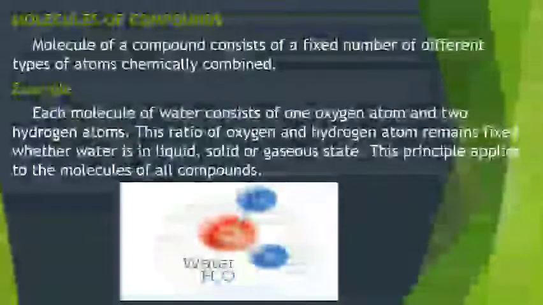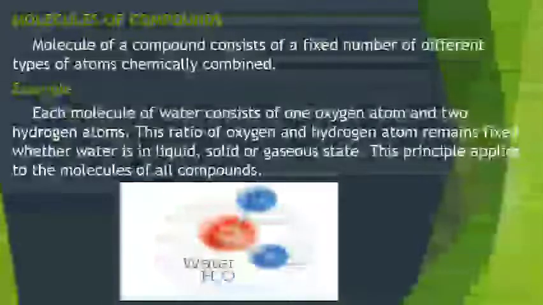See, each molecule of water consists of one oxygen atom and two hydrogen atoms. Hydrogen is a different kind of atom. Oxygen is another different kind of atom. So, two different kinds of atoms are chemically combined here. That is said to be the molecule of a compound.